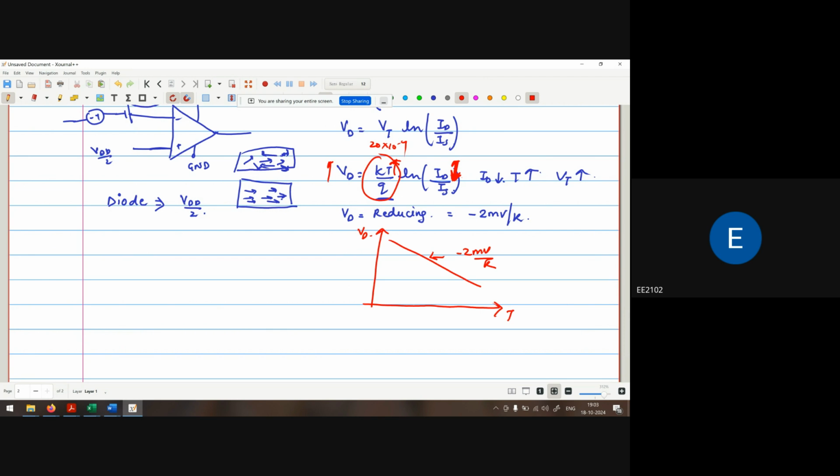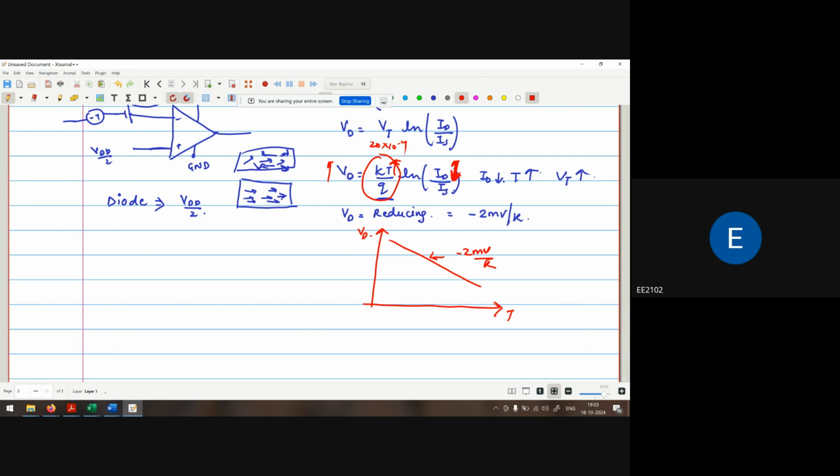Now, if I use a diode for providing the VDD by 2, what will happen? The problem is that if the temperature varies, the value of VD will vary.